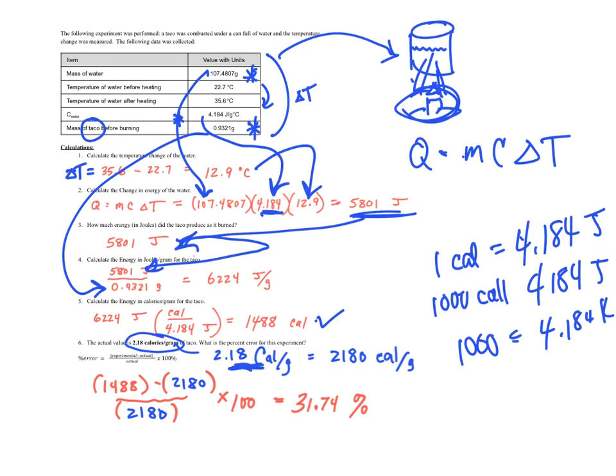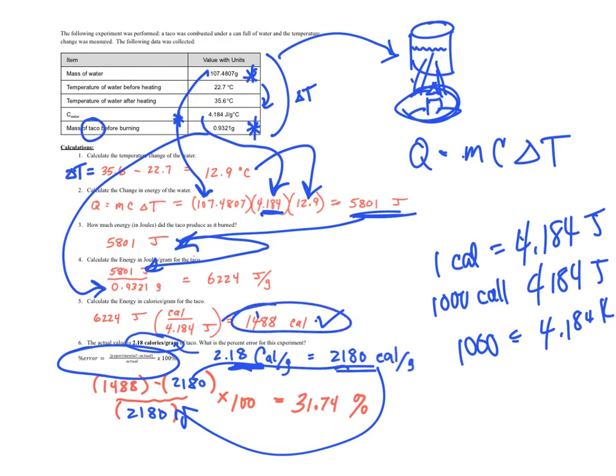So to convert that into a small c calorie, we'll just move the decimal 3 to the right. And then we use the percent error calculation, where the theoretical value is that, and the experimental value is what we got right there. Times 100 makes it a percent.